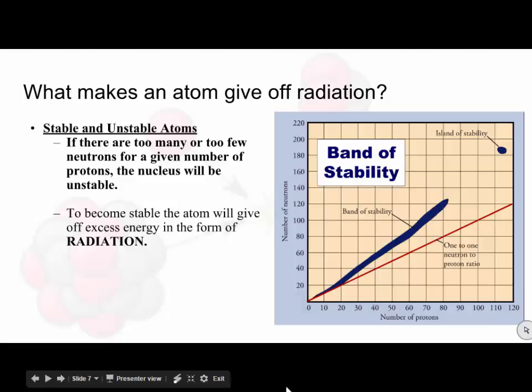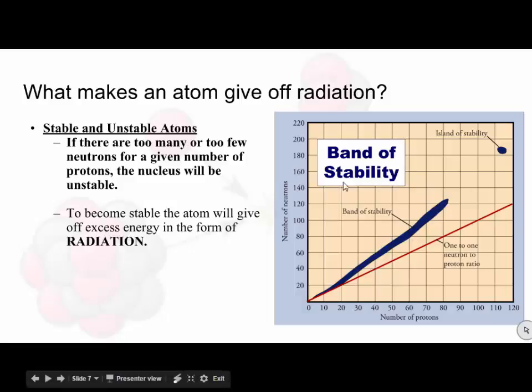If you look at this chart, you can see we have the number of protons down here and the number of neutrons on our y-axis. If we have this band of stability here in blue, this tells us that if our atom has, let's say, 60 protons and 80 neutrons, that falls within the band of stability. So it would be a stable atom. It wouldn't give off any radiation, or wouldn't be radioactive.